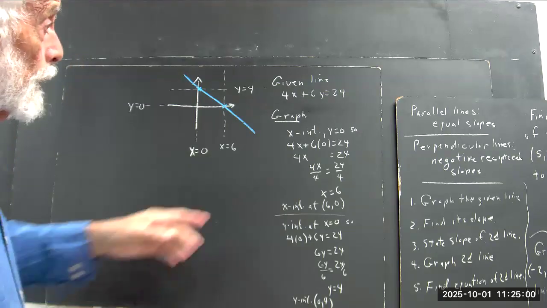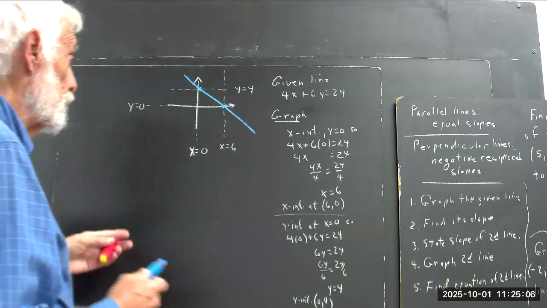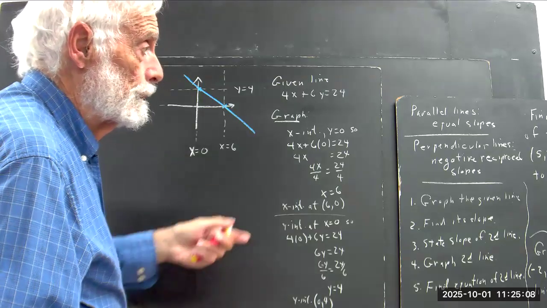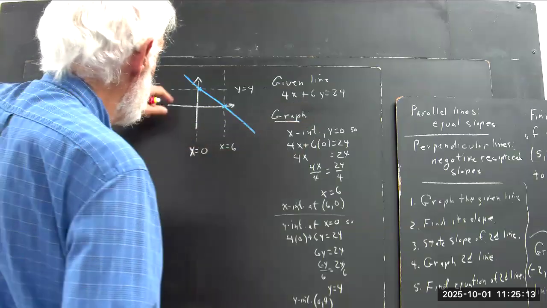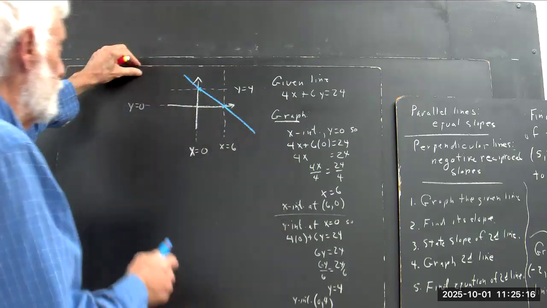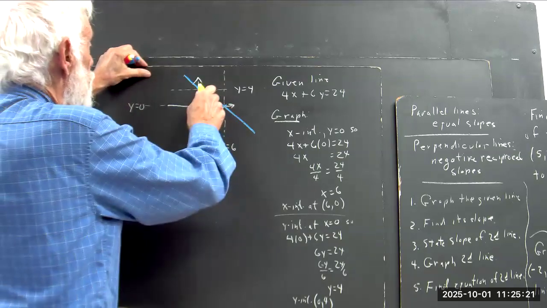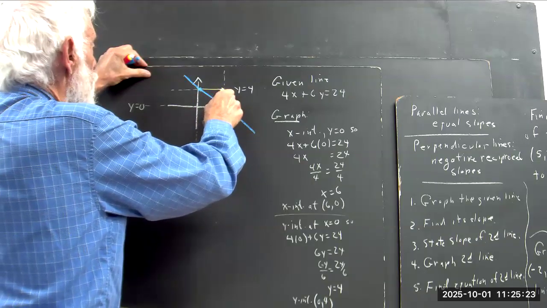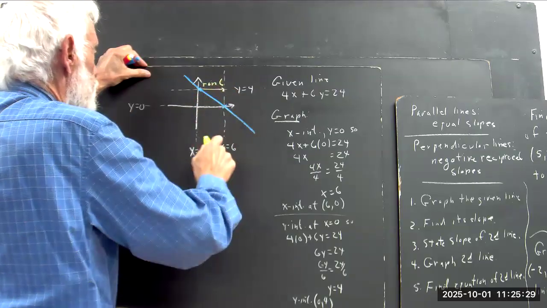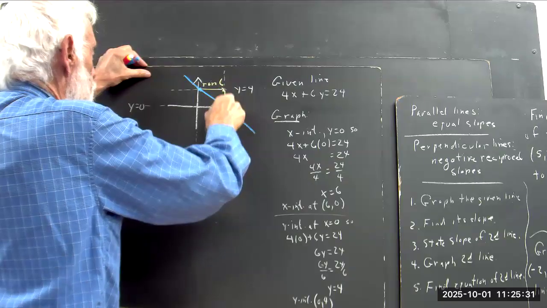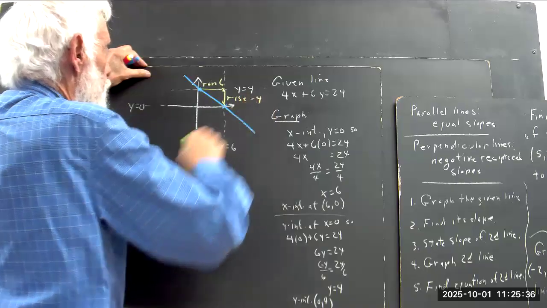All right. I want a line perpendicular to this line. Now, you could have solved for the slope, but you can also find the slope from the graph. If I go from this point over here, I've got to go 6 units. That's going to give me a run of 6. If I go from here to here, it gives me a rise of -4 units.